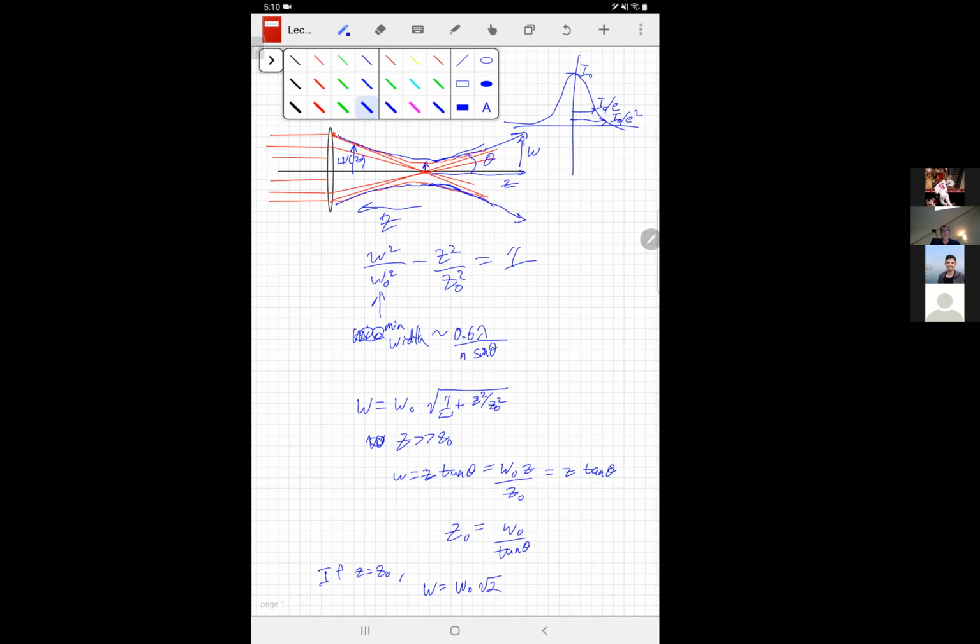So Z naught is just a measure of how far away from focus you can go before the beam width has increased by about 40%, because square root of 2 is 1.414. So multiply by 1.414, it's increased by 40% if you go Z naught away. That would be one way of interpreting it.